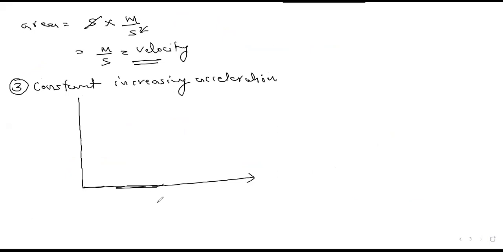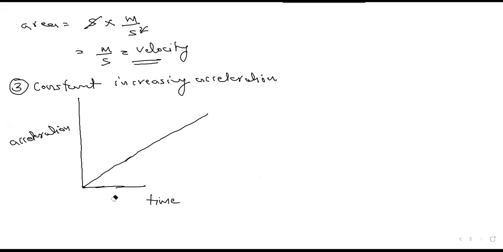This is time, and here you are taking the acceleration. If the time is increasing and the acceleration is also increasing, then the graph will be like this. You can see that this has some inclination, and then you can calculate the slope.